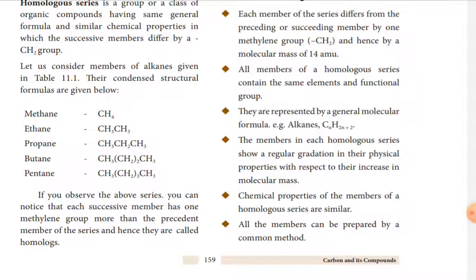Because of the increase of molecular mass, their physical properties also change. There will be no change in chemical properties, but a regular gradation. Gradation means regular, slight changes for each compound because of the increase in molecular mass.